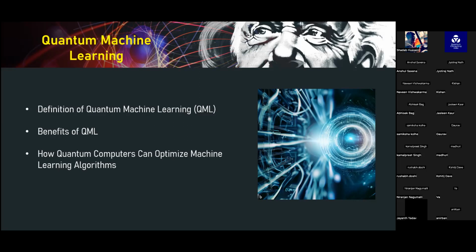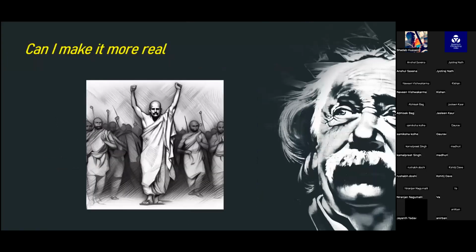Now, having introduced you to all these components on the theoretical aspects, let me show you the next example. So as you can observe on your screen, this is of course a generative AI prompt of the Satyagraha, which has been generated.